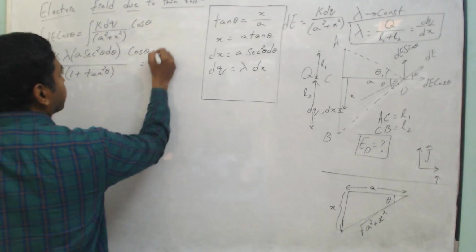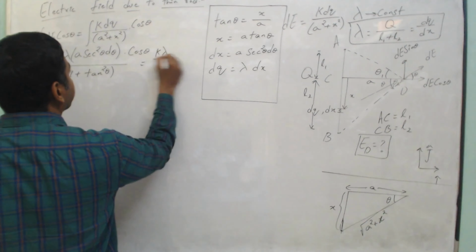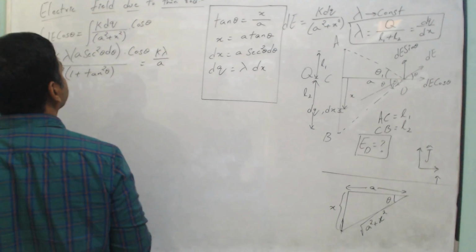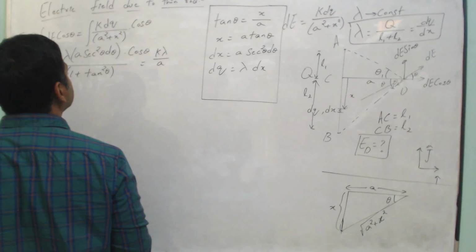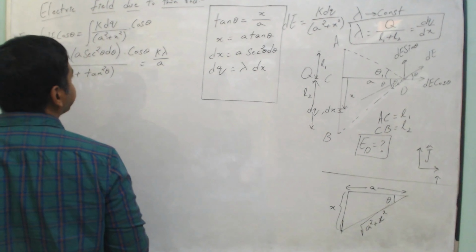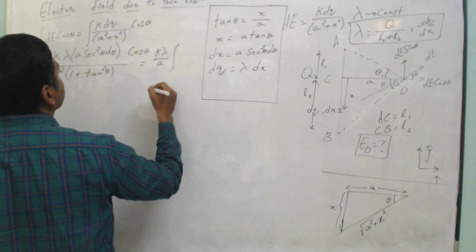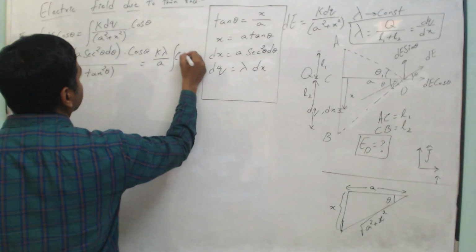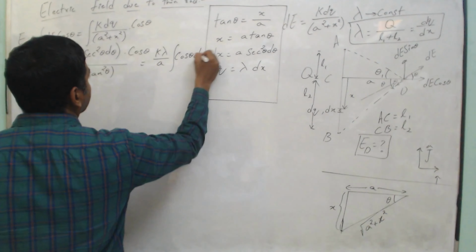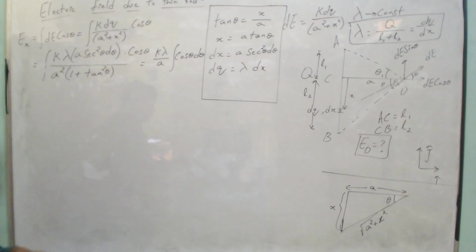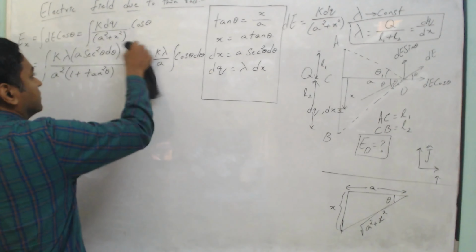So I'll get k lambda by a integral of cos theta d theta. Is this clear?